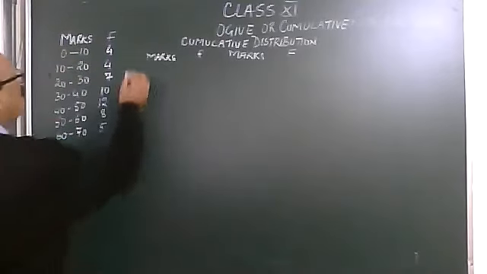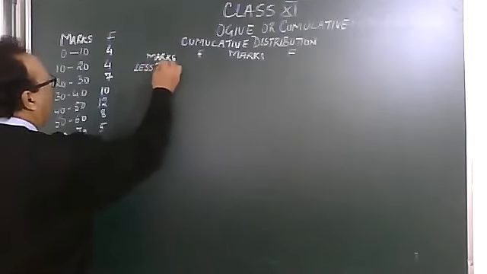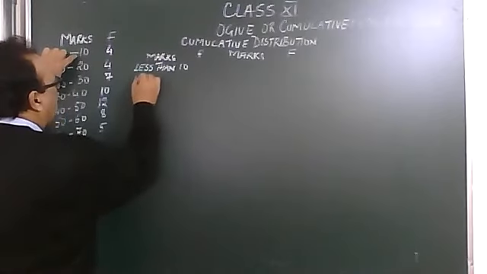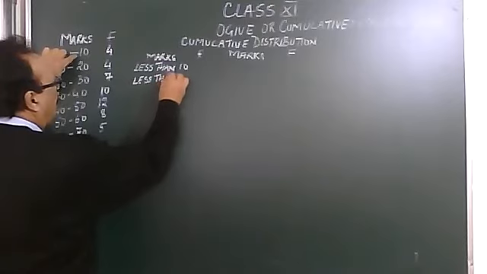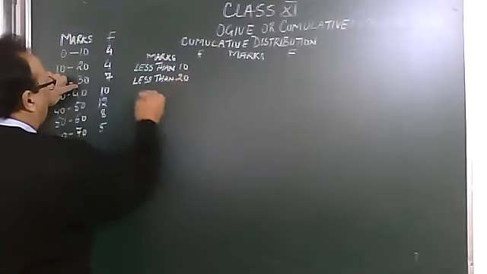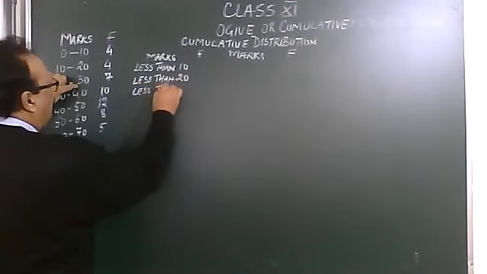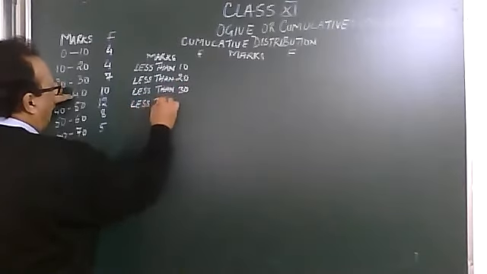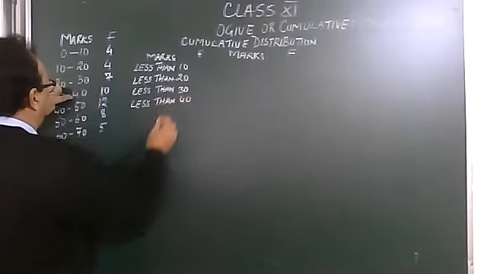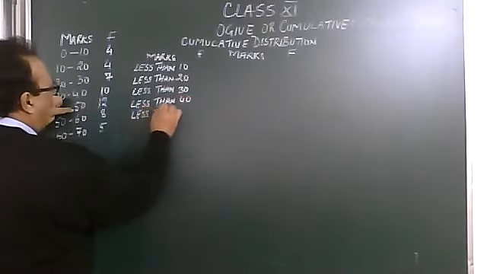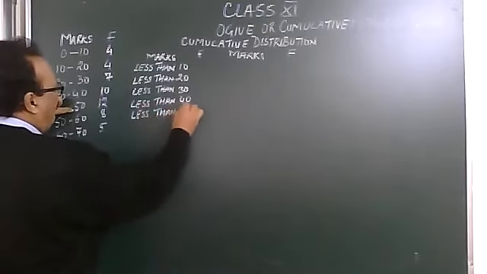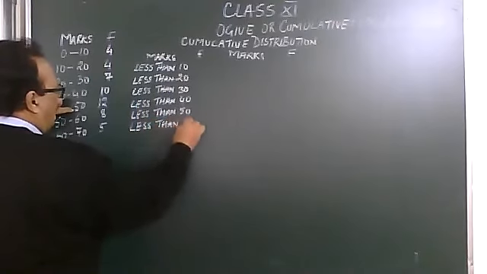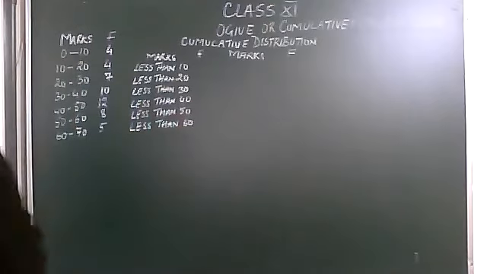Now, first, when we are moving from the less than, we will take less than all the upper limits of the class. We write less than 10, less than 20, less than 30, less than 40, less than 50, less than 60, and then less than 70.